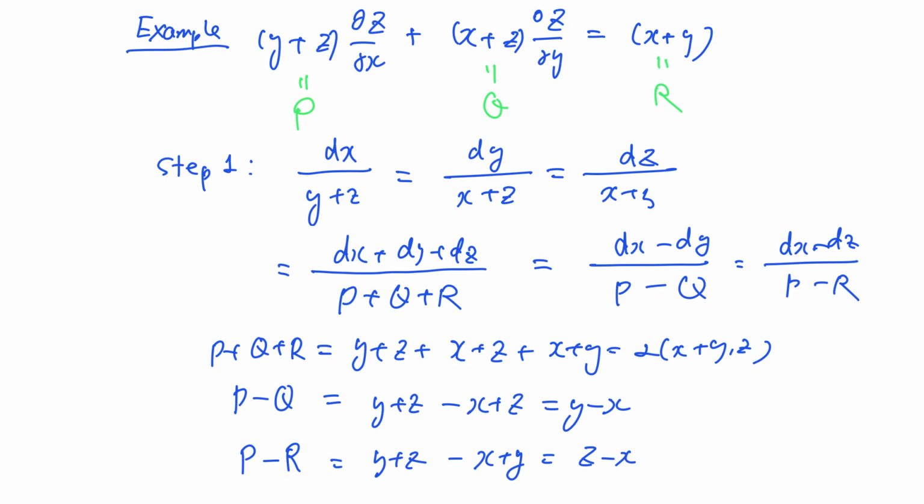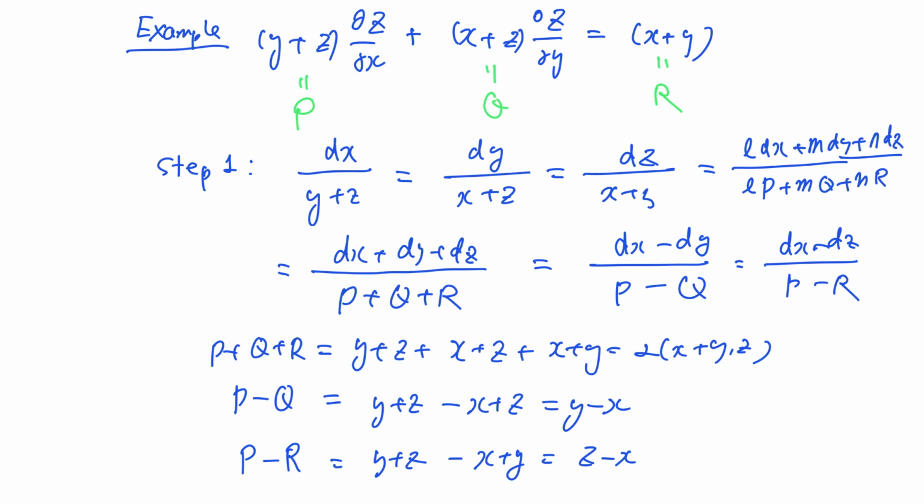So actually, according to this, it is lP, mQ, nR over ldx plus mdy plus ndz. So this is the theory of proportions.